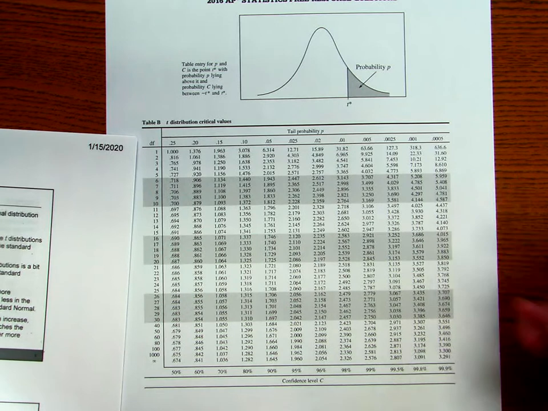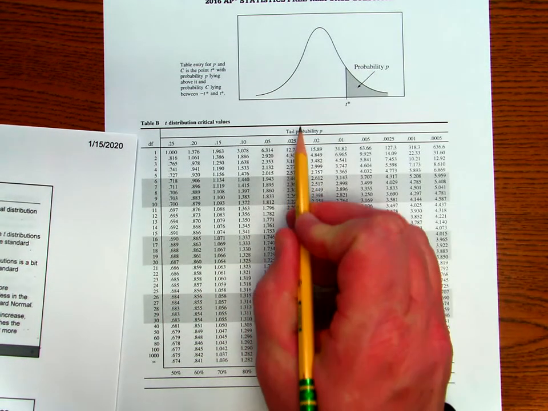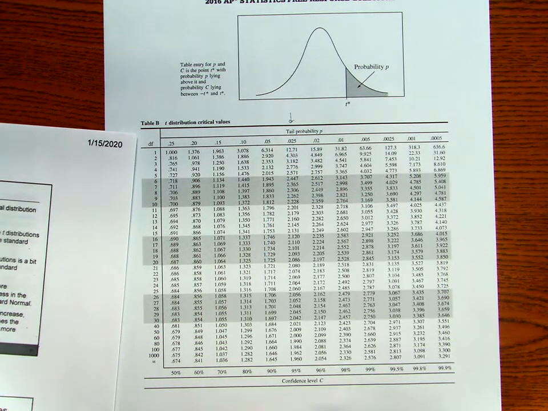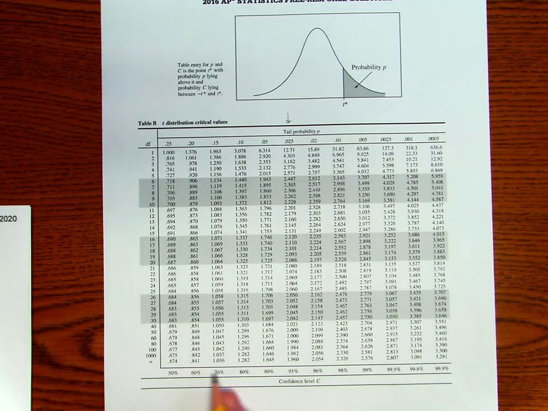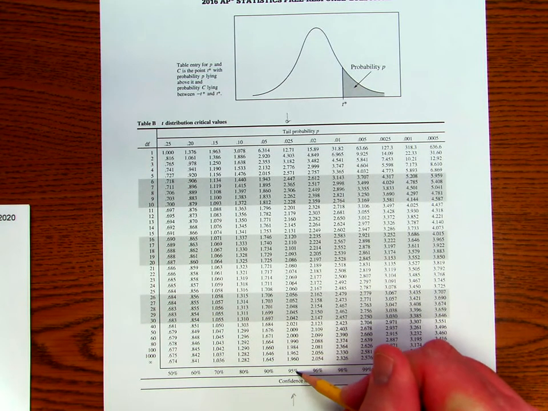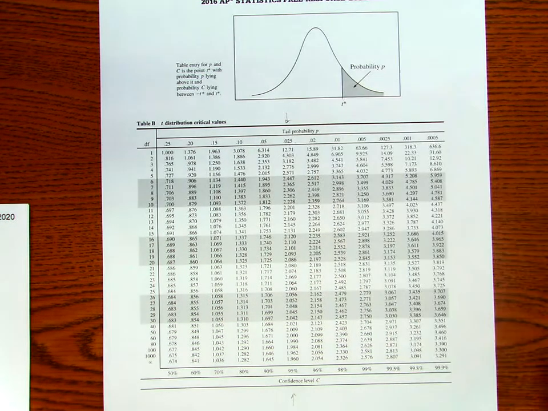So 2.5%, if we're looking at the top of the table, would be right here. Also, most of these tables have this row on the bottom that does that mental math for you. The 95% confidence interval corresponds to 0.025 of the curve in each tail.